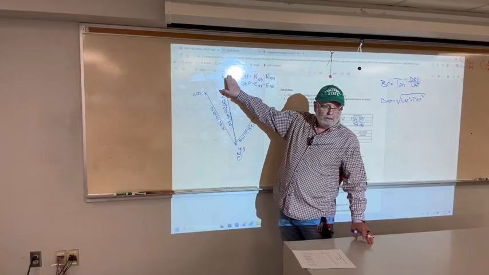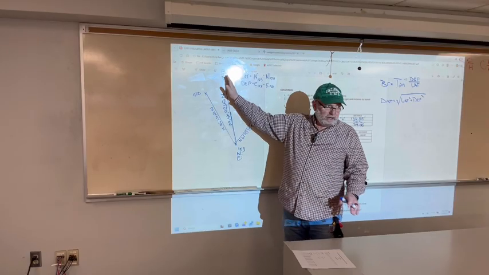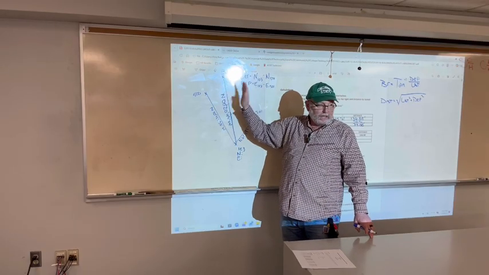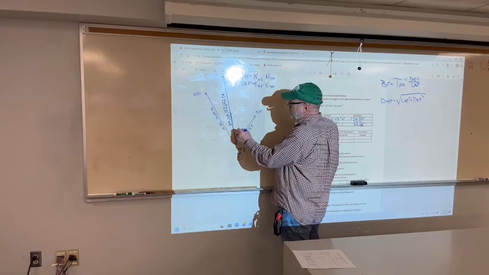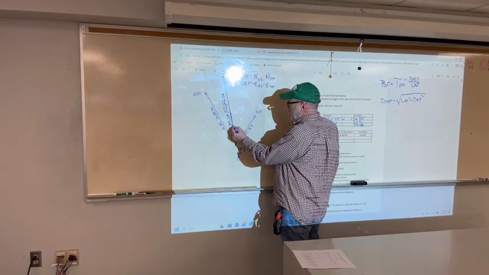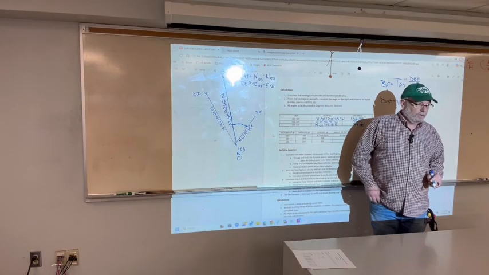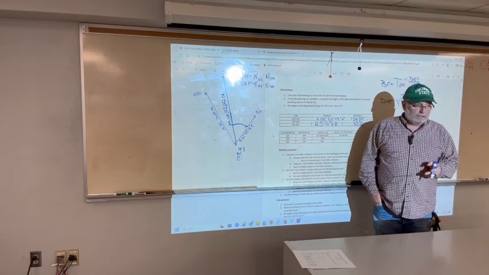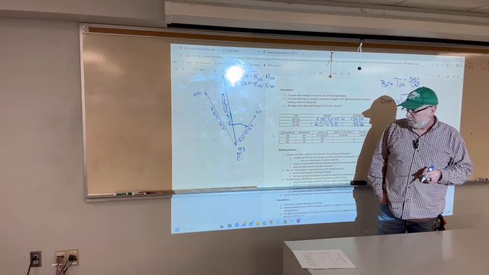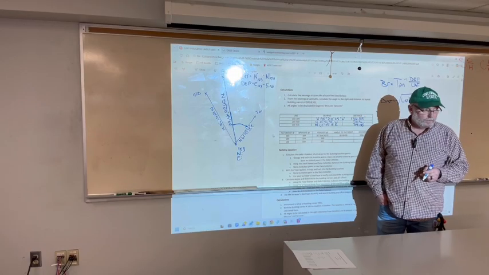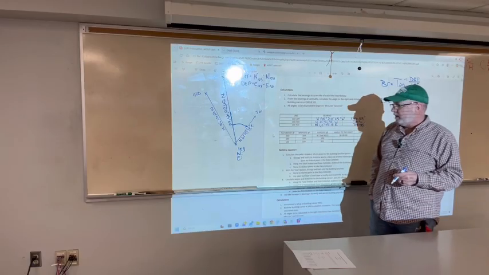I am back sighting 104. So that's going to be my baseline. This is now my 0-degree reference, okay, for where all my angles are going to be referenced from. If I want to turn an angle to the right from 104 to 105, we have those bearings. How do we calculate that angle? What is the angle between those bearings?